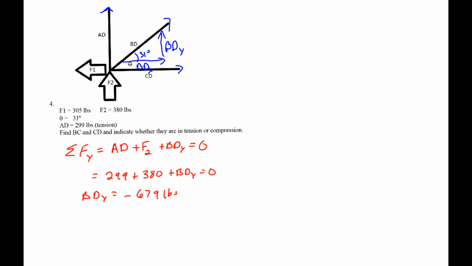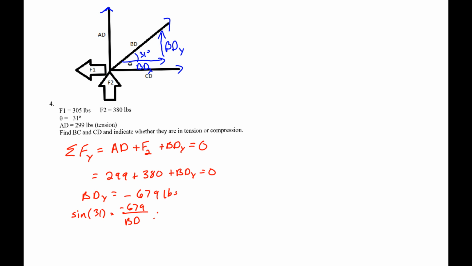Alright, now we're going to find BD. And are we going to use sine or cosine? Yep. So sine 31 equals opposite, so negative 679 divided by BD.